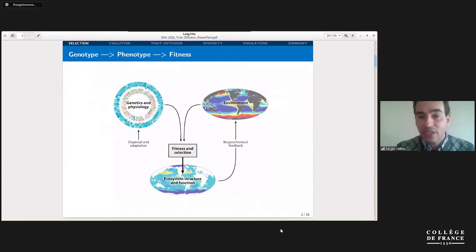And finally, there's a feedback from the community or ecosystem structure back to the environment, mostly through the nutrient levels. You can also have some effects on temperature distribution through light shadowing, but they are minor compared to the major feedback through changing nutrient conditions in the environment.